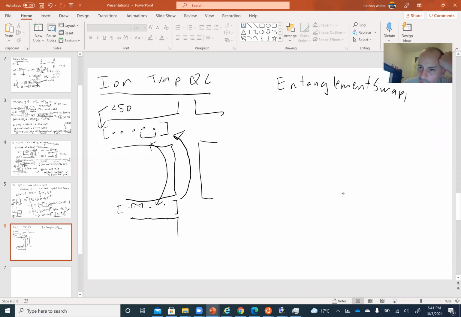Imagine we have a network of individual sites, each of which we can envision as a distributed quantum computer. Now we've got Alice and Bob on two different sides, and they'd like to share a quantum state with each other. But unfortunately, they've only got direct links between other nodes.